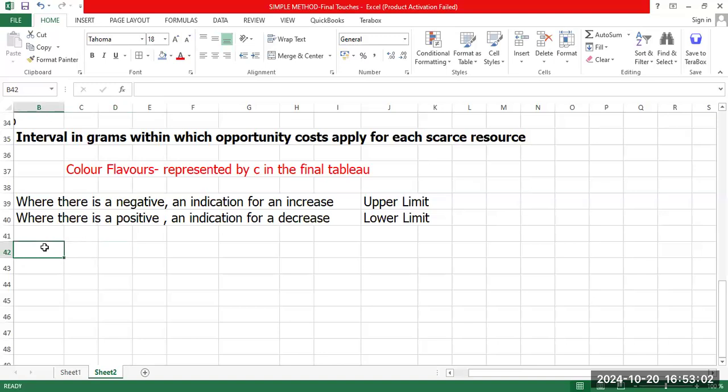So let's start with the negatives. Okay.